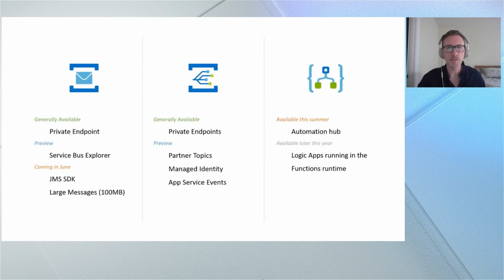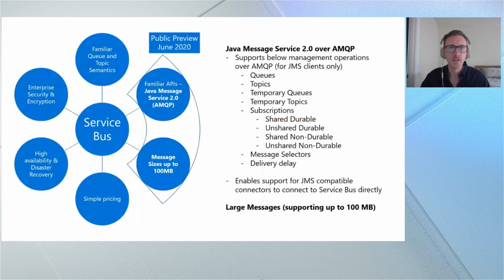So here's a summary slide, but I'm going to jump into a few things that are really interesting in this list. For Service Bus, we're announcing public preview very soon of Java Message Service, JMS, support over AMQP, and large message support, supporting up to 100 megabytes in size.